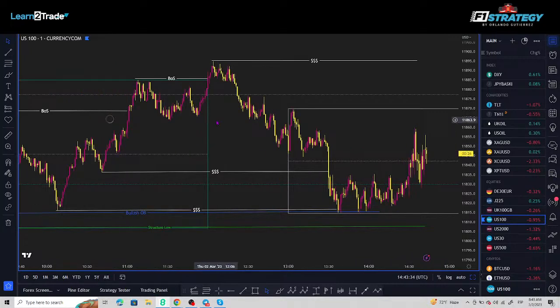I don't want to get taken out. The reason that I can't move it to break even is because of my early entry right here. There is no structure low I can be protected on. But if I had entered here, I would already have taken out half of my position and I would already be at break even.